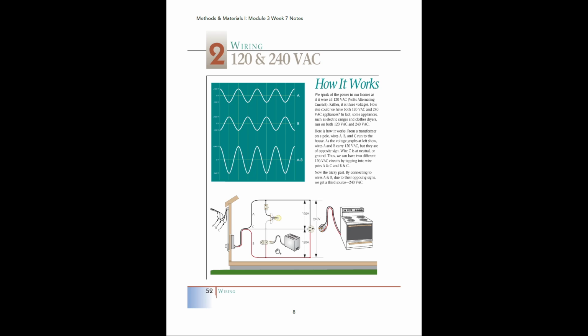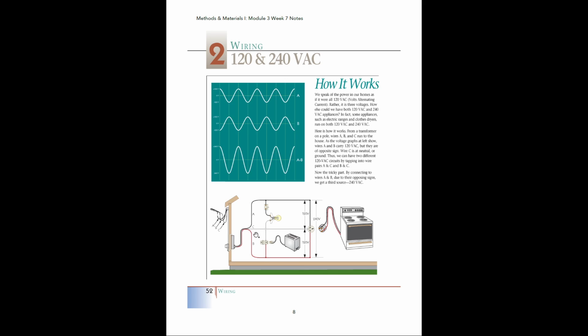A toaster, that's going to be running on 120 volts of electricity. Anything small like that is going to be 120 volts. Now, if we have something like a range, or a washer and dryer, those will need to pull more electricity to run, okay? 120 volts isn't going to cut it.